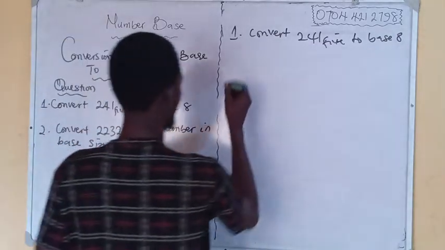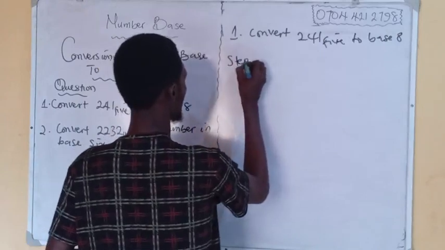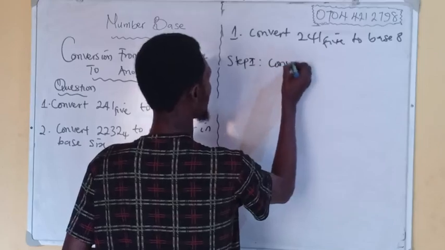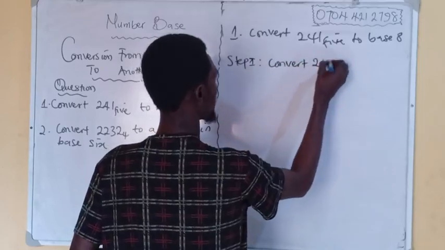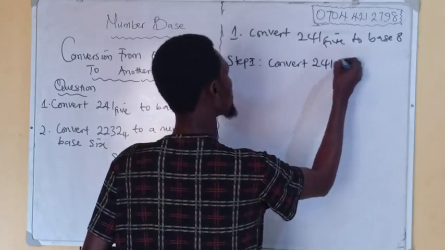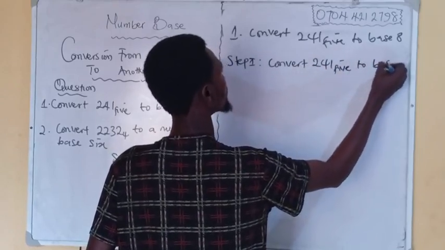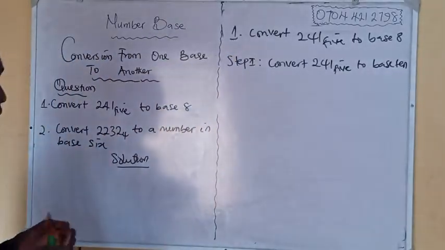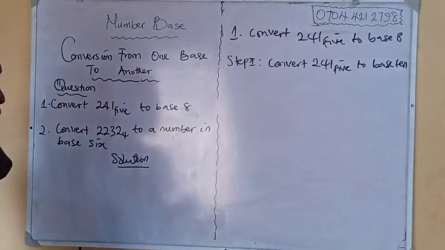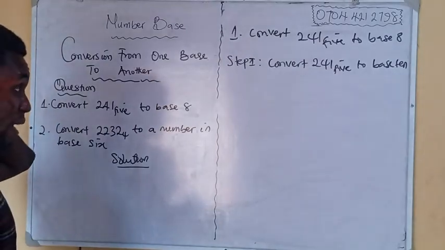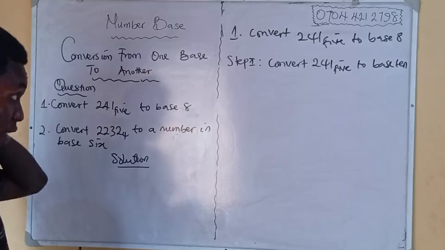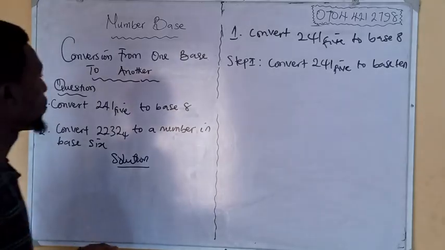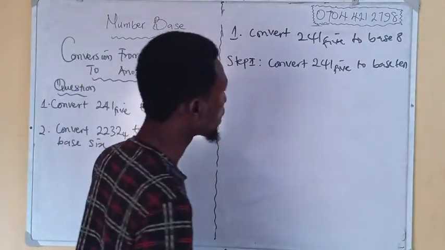Okay, so the first step is you convert the given number, in whatever base it is given, to base 10. Remember, the number that will be given to you is not in base 10. So you have to convert it to base 10 first. And the number you'll be asked to convert it to is not base 10.